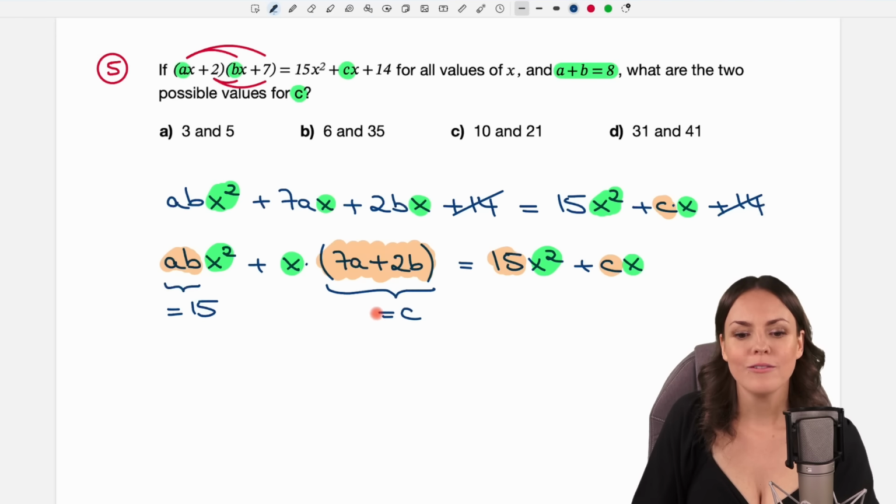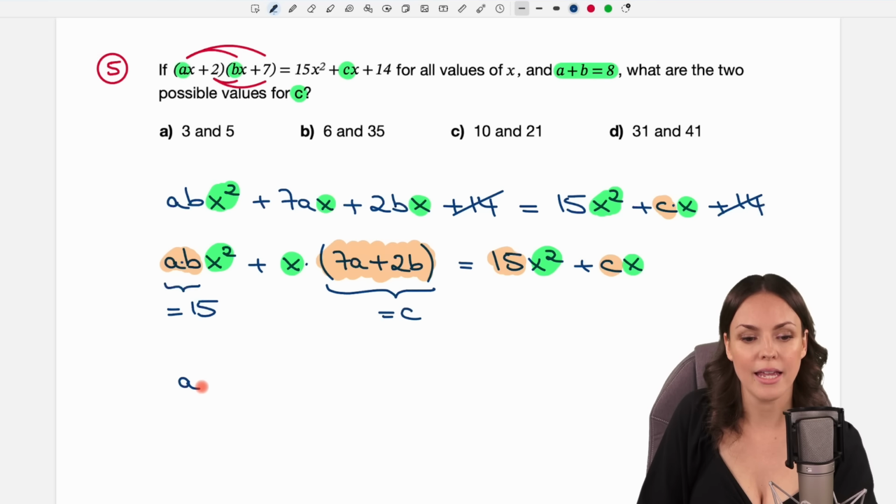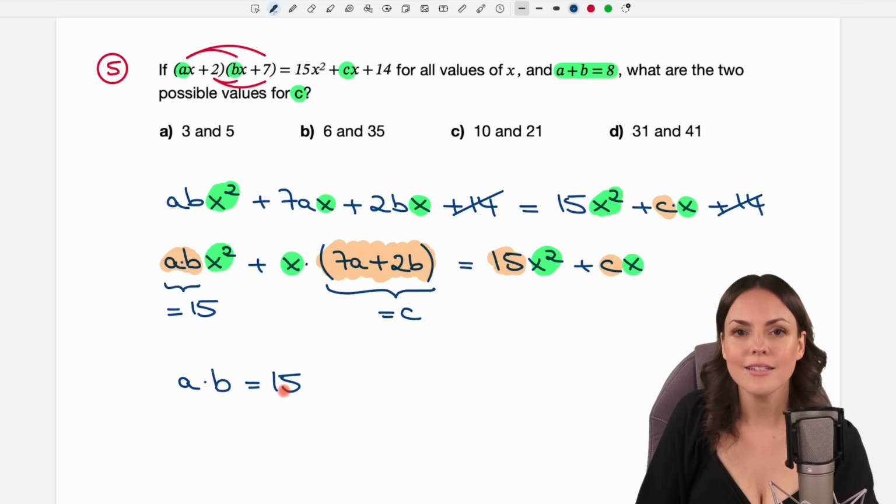So I will find my c if I know the values for a and b. And what do I know about a and b? Well, we know that if we multiply a by b, we get a result of 15. And additionally, they gave us this information here. Don't forget about this, that a plus b equals 8.